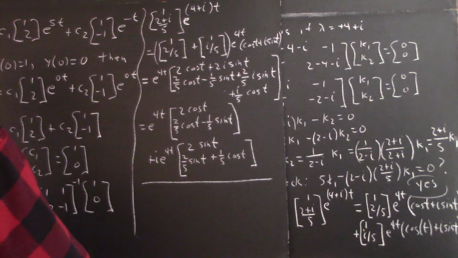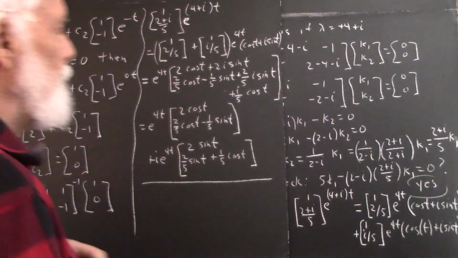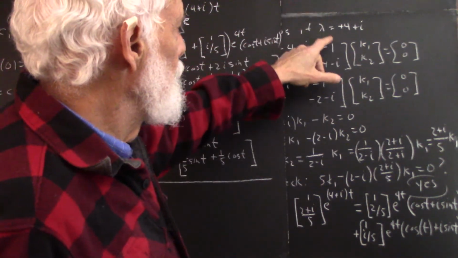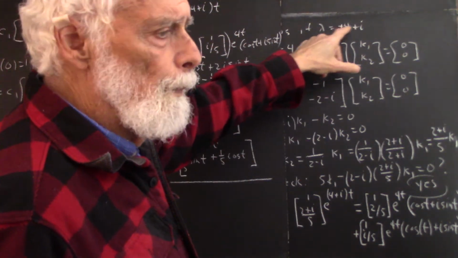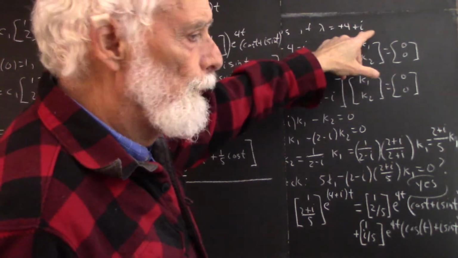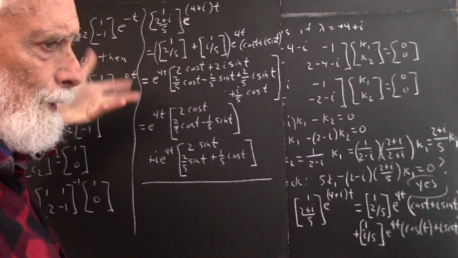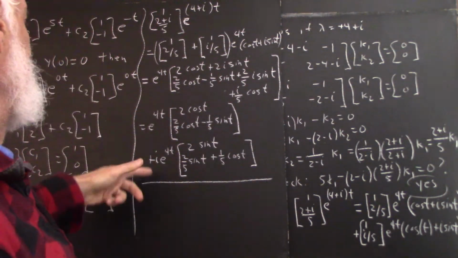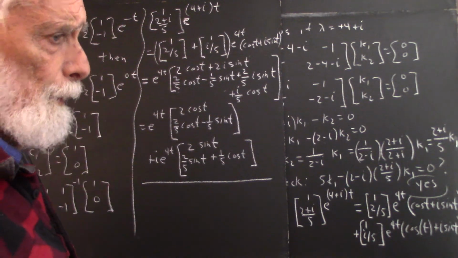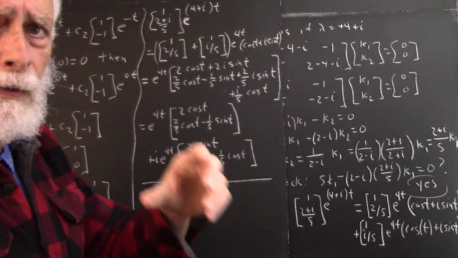Now notice that I haven't had to even talk about the other solution where lambda is 4 minus i. Okay? If you plug in lambda equals 4 minus i, you get the same things, but your i thing's going to be different. Okay? That's the only difference you're going to have. And you don't need the other solution.